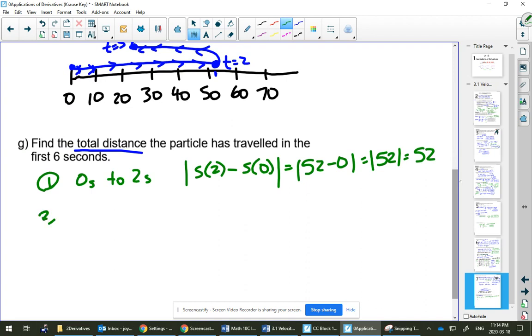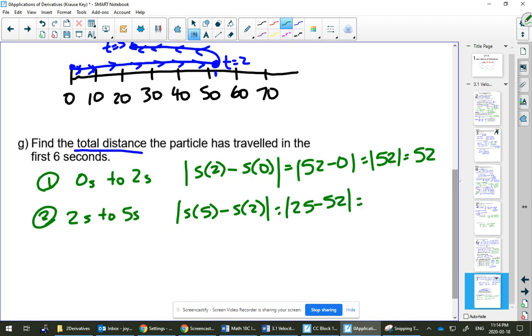Between times 2 and 5, it's going to be the position at time equals 5 minus the position at time equals 2. And again, it's an absolute value because we're just looking at the amount of movement, not the direction of movement. So 25 minus 52 is negative 27, so that's 27.